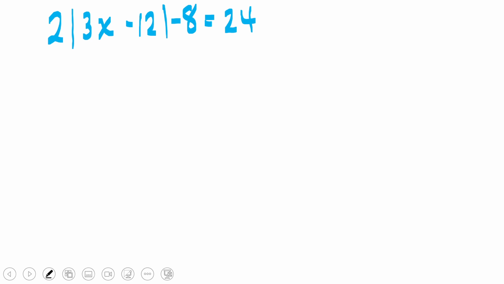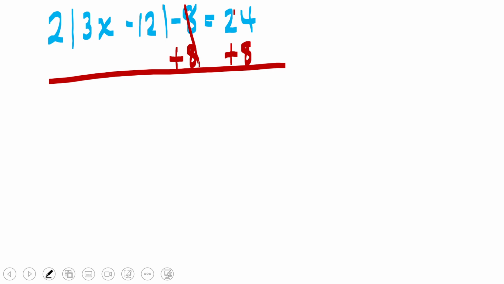So what that looks like is we're going to get rid of this minus 8 by adding 8 to both sides. Okay, so 2 times the absolute value of 3x minus 12 equals, and then that's 24 plus 8 is 32.